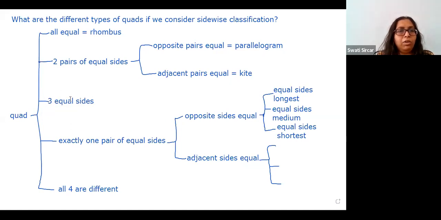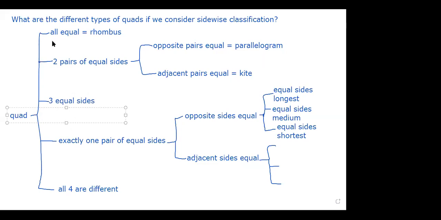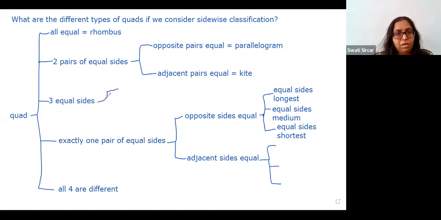Do you think there are going to be sub-branches of this? The equal sides longer than the unequal side, and the equal sides shorter. Yes, so equal sides longer and equal sides shorter.